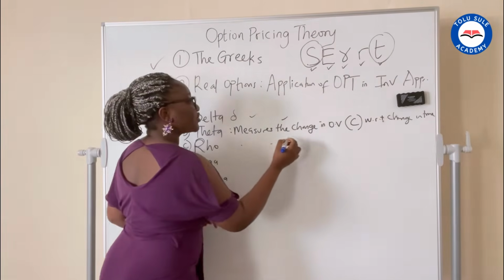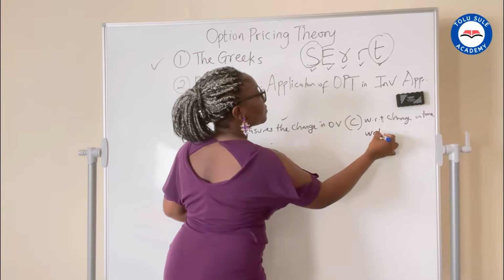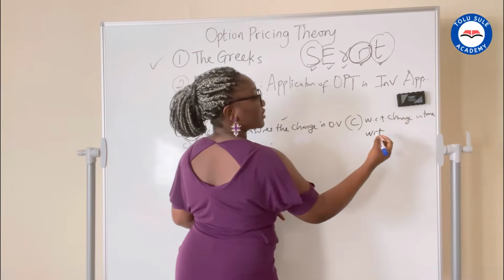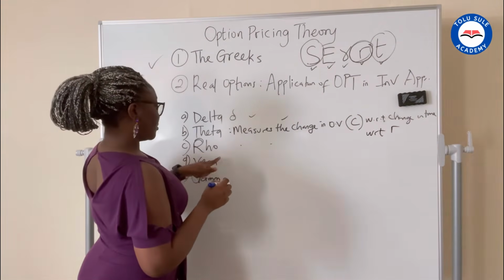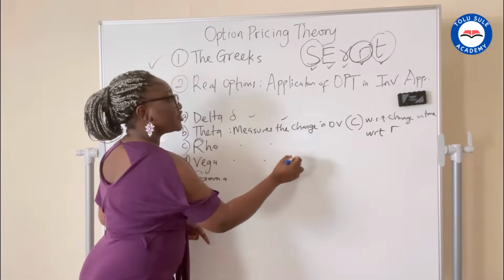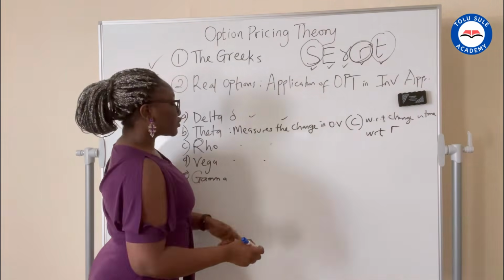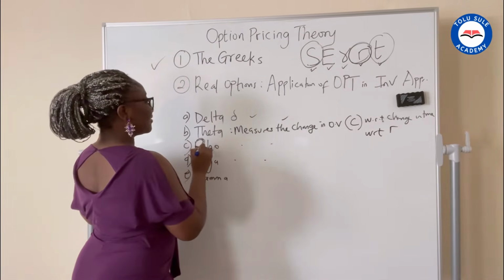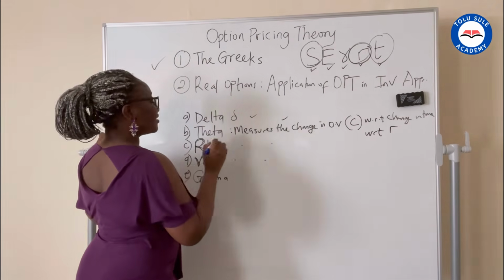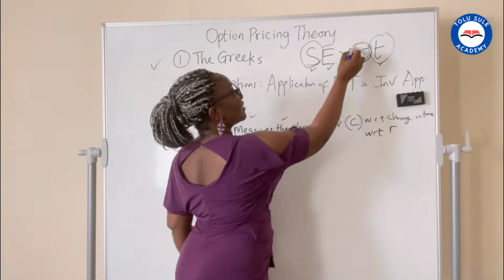Rho measures the change in option value with respect to rate of interest, that's interest rate. You can see that. Vega measures the change in option value with respect to volatility. It just makes sense, right? R, fixed interest rate. V, volatility. That's the standard deviation.